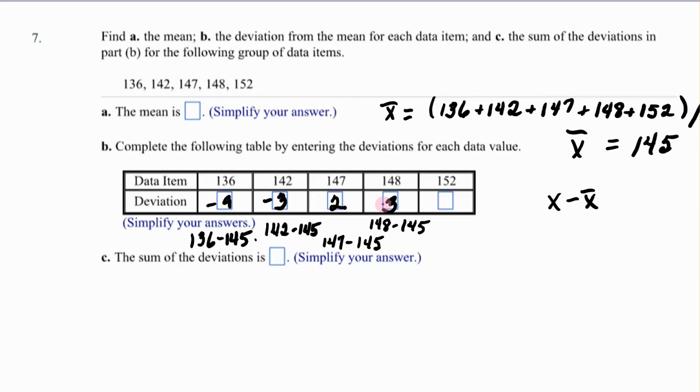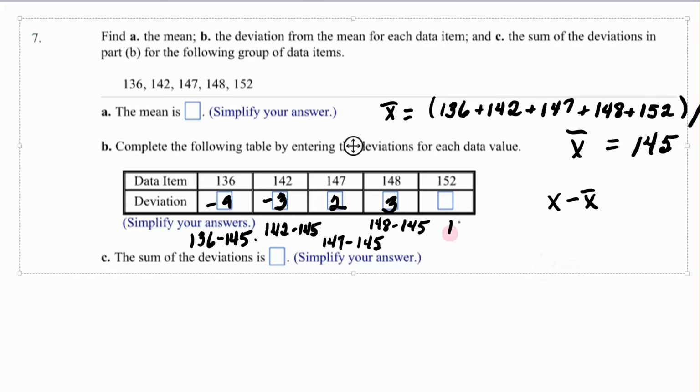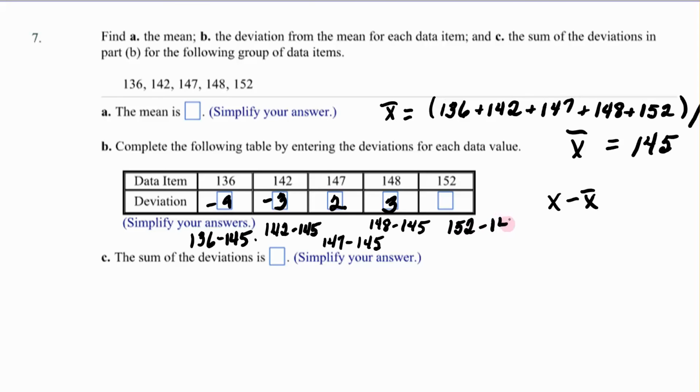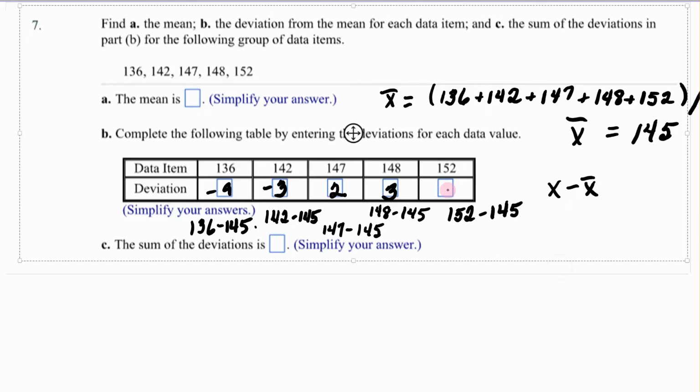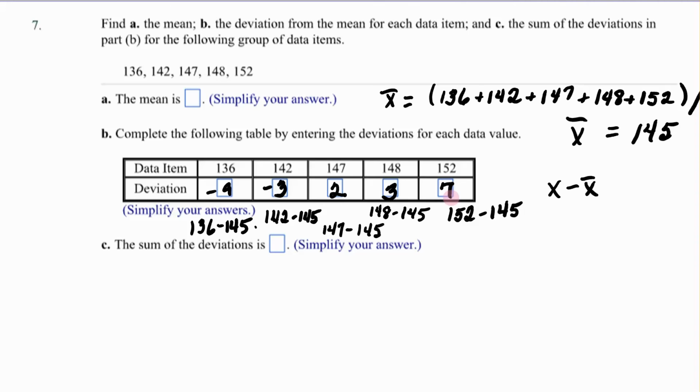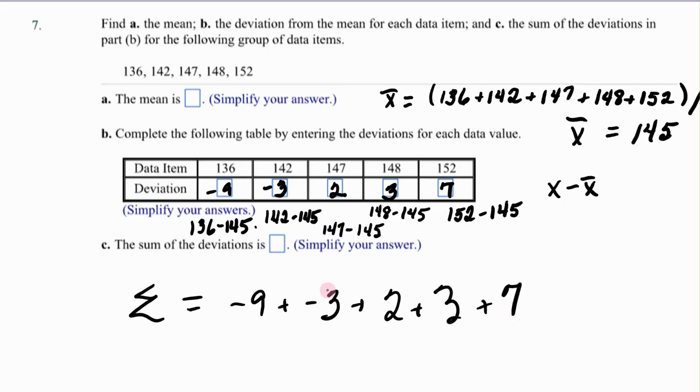And 152 minus 145 is 7. Then finally, I have the sum of the deviations, -9 plus -3 plus 2 plus 3 plus 7. Without my calculator, I know that this makes -12, and I know this makes 12. The sum of the deviations is 0.